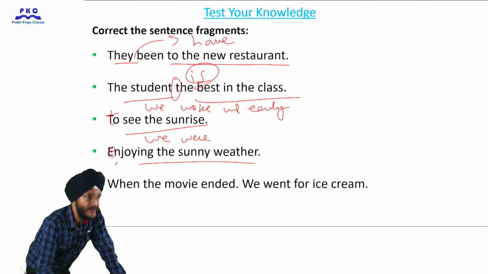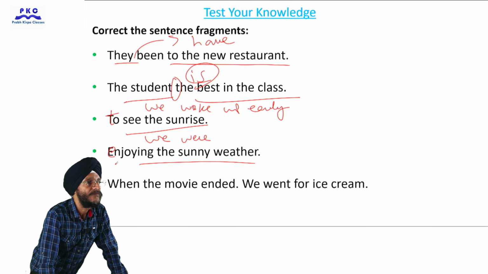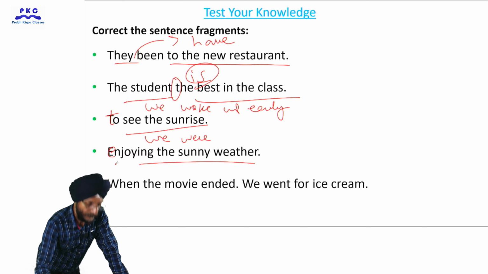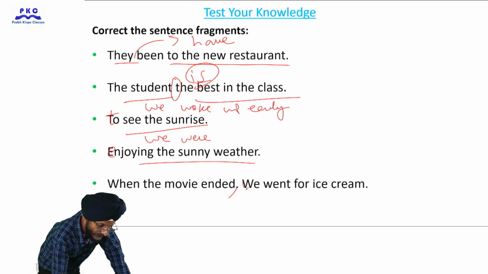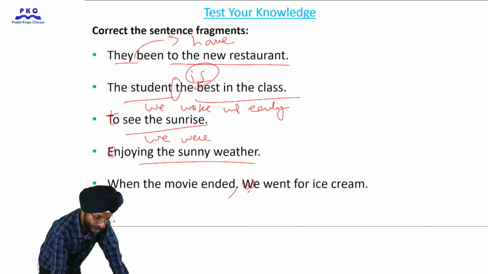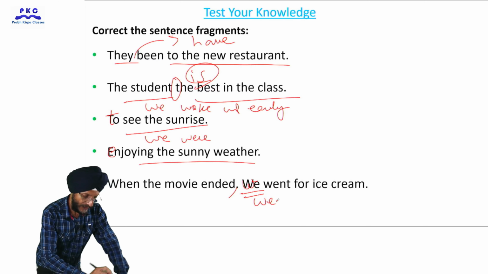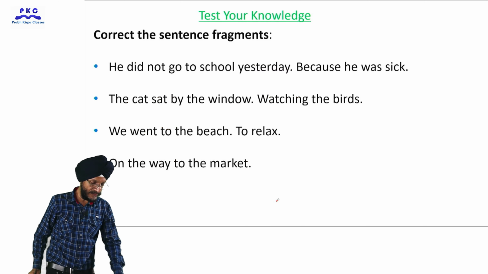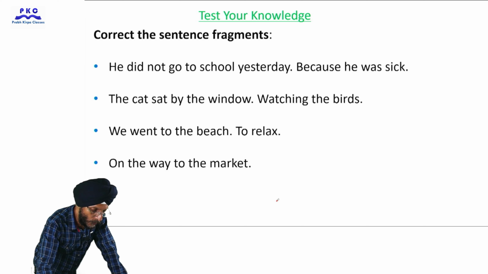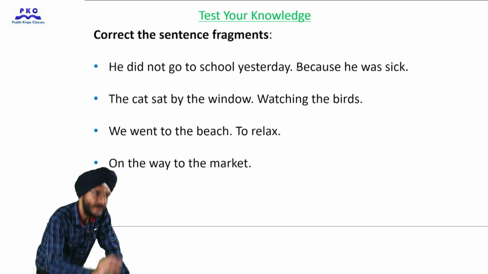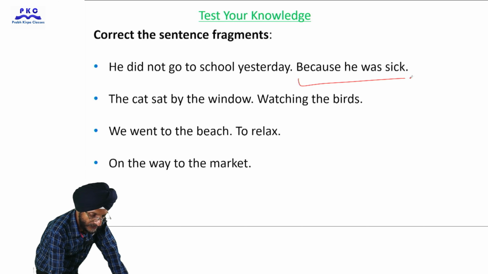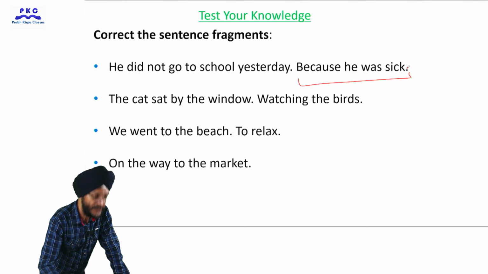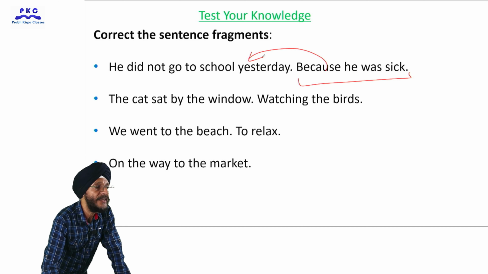Next is "when the movie ended, we went for ice cream." Here we will use a comma, and here it will be in lowercase. We went for ice cream. Next, he did not go to school yesterday. It is a complete sentence in itself, but here it is a dependent clause which depends on this independent clause.